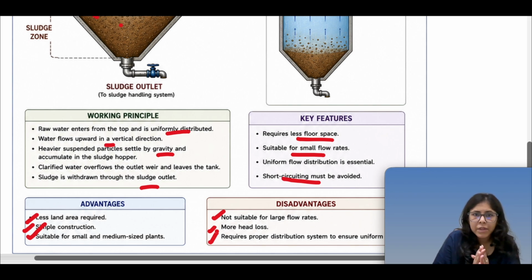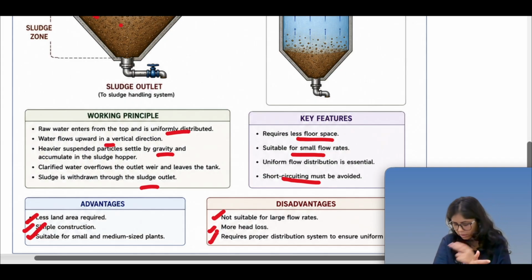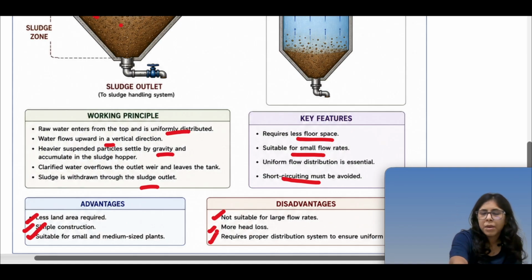This vertical sedimentation tank is not used that much, that's why we are not going into detail, but we should know that there is something called the vertical flow sedimentation tank. With this we have come to the end of the theory for sedimentation. In the next lecture, maybe we'll be proceeding with coagulation and flocculation.